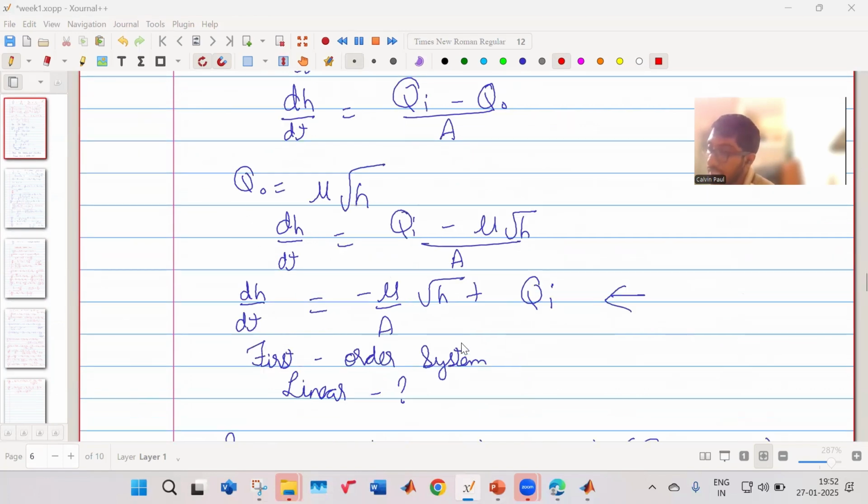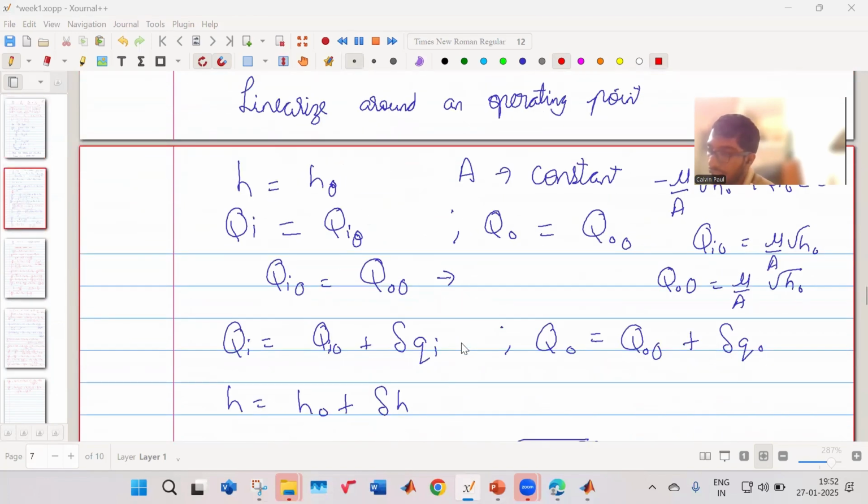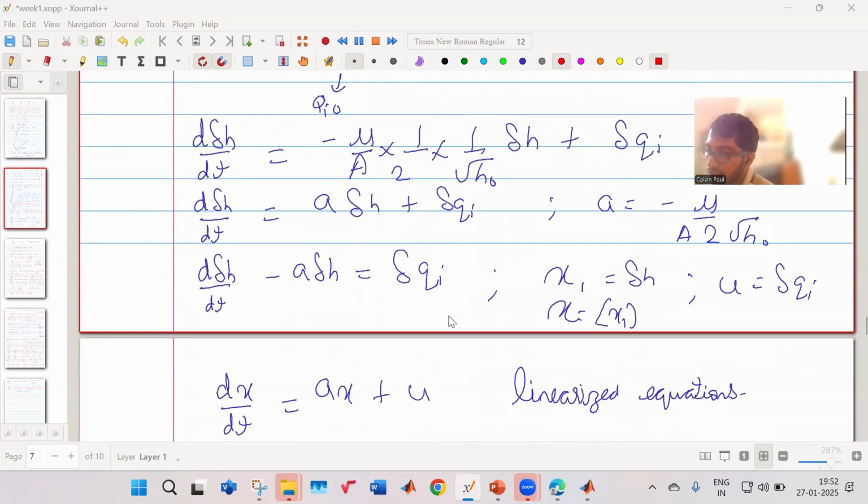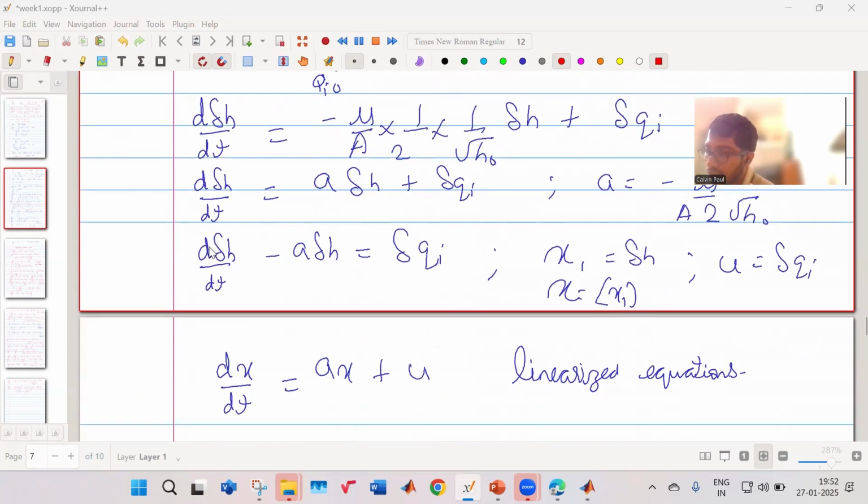Then what we do is we linearize it. When we linearized it, this is the expression which we got. So this is the expression for the linearized dynamical system. I hope that's also your query.